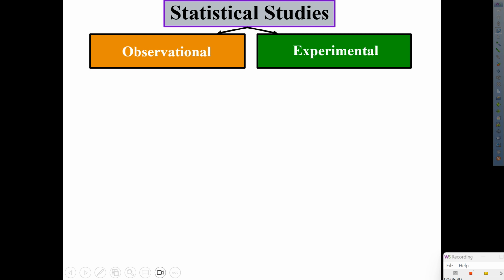Tell me the difference from one to the other. What's the difference between an observational study and an experimental study? Good conversation, and just to refresh your memory, last week I made it simple.